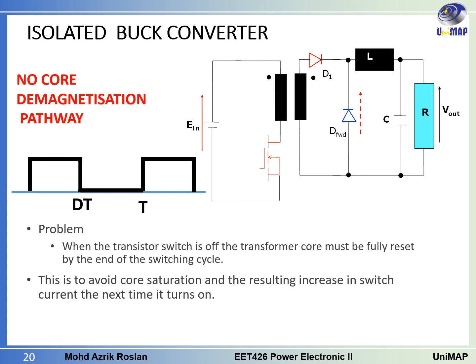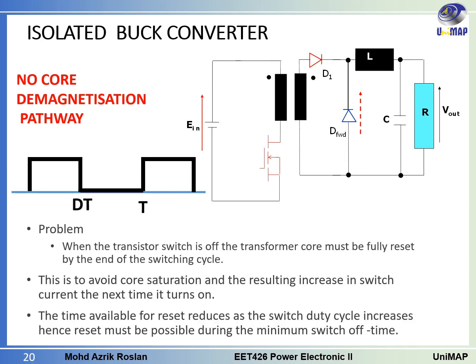What will happen is the core in the transformer will saturate, and this will result in an increase in switching current the next time it turns on. So we must have another pathway that we have to create to ensure that the charge here can still discharge during the switch turn off.